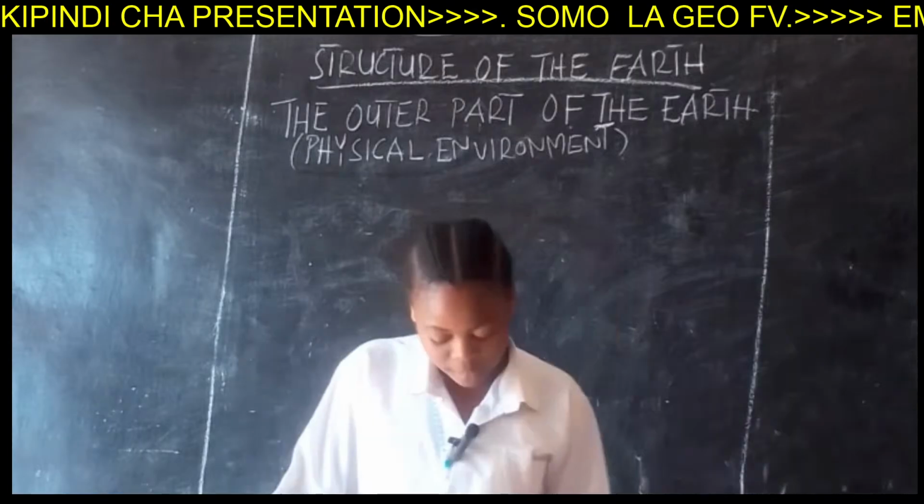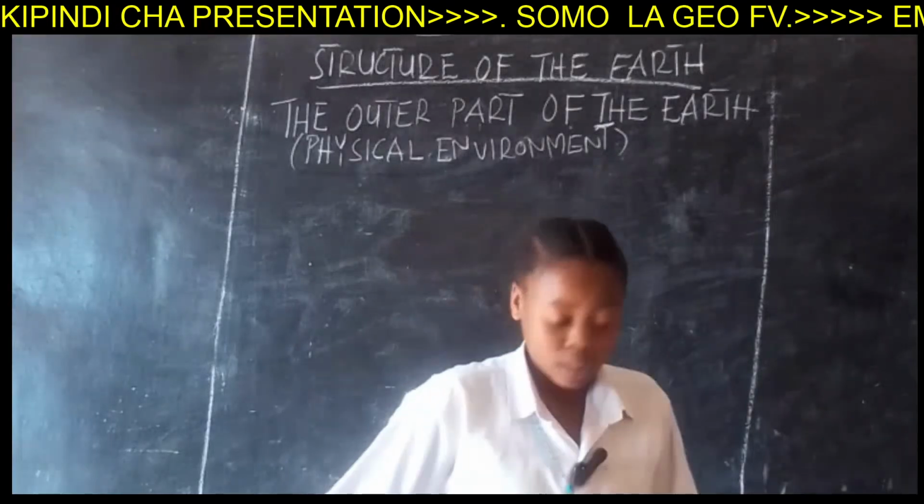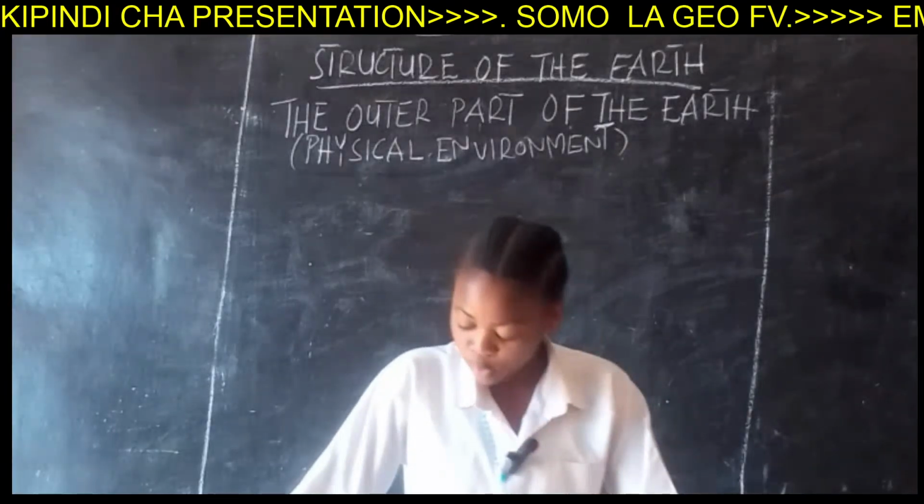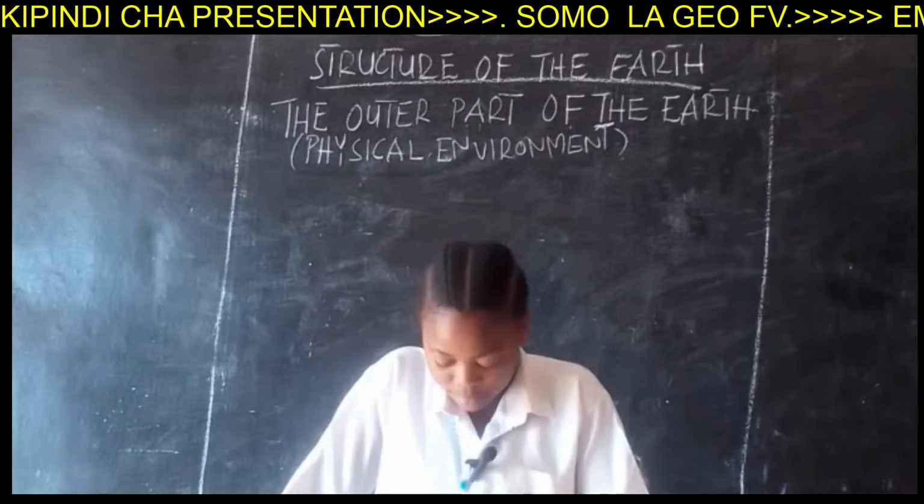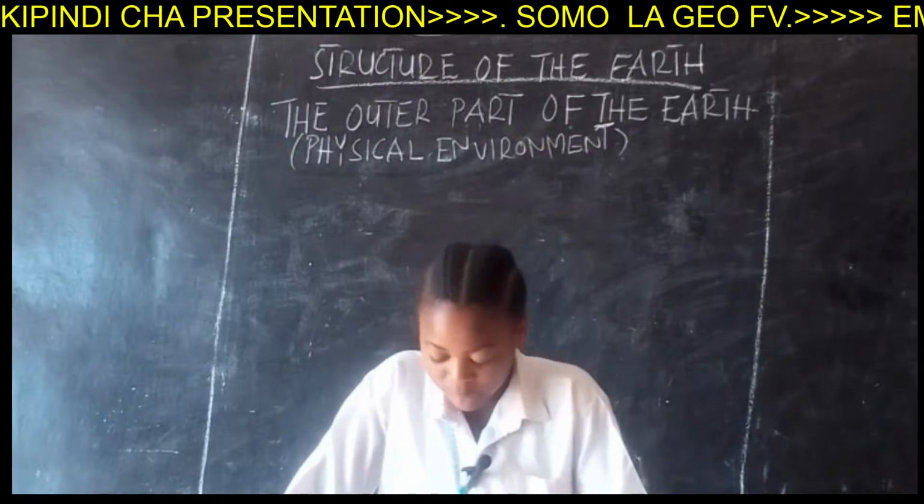Another type of crust is sial. Sial is the outer layer which forms the continents and is composed of silica and aluminium rocks.